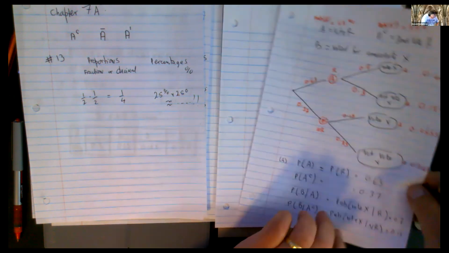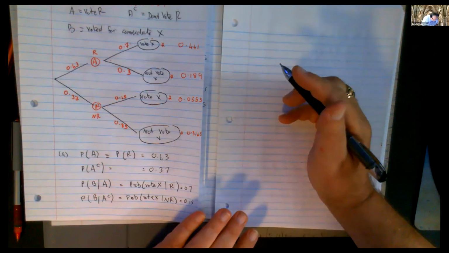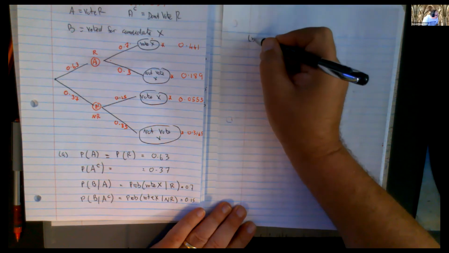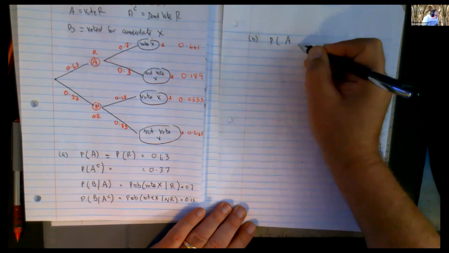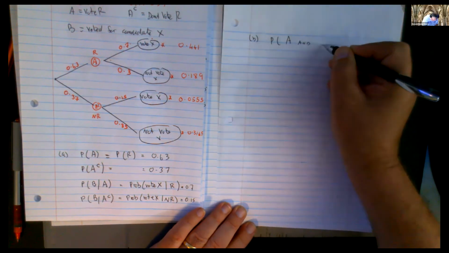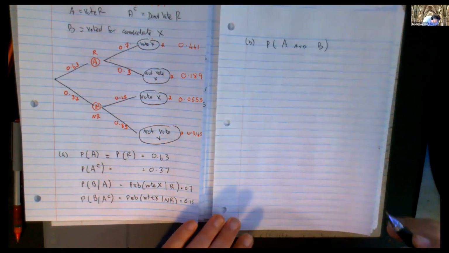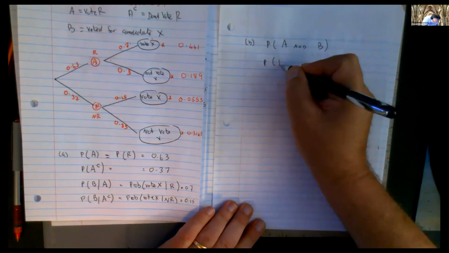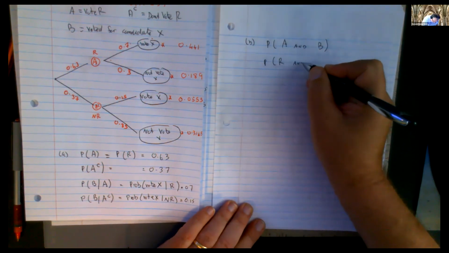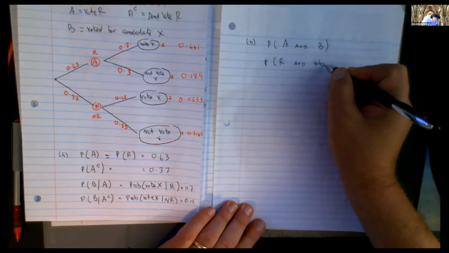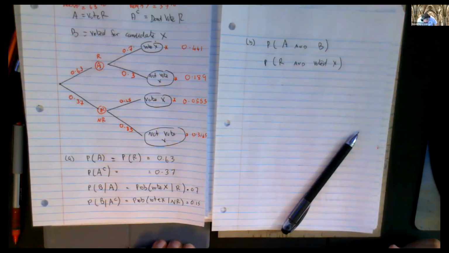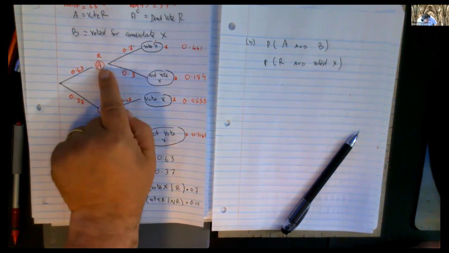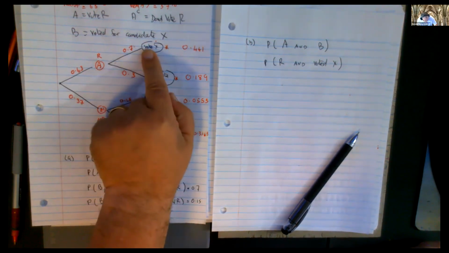Because the next bunch of questions, question B, asks us for the probability of A and B. So that would be the probability that you're a Republican and you voted for candidate X. Now, on my tree diagram, the people who are Republican who then voted X, do you see they end up being this one here?